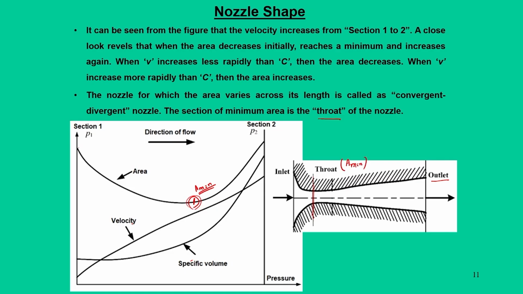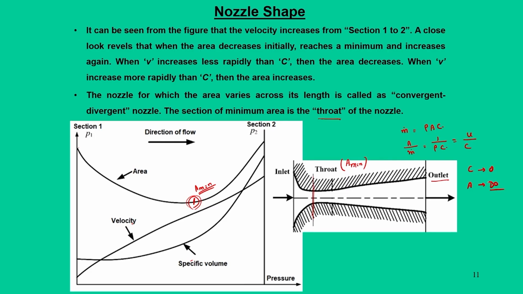Another point, if I recall, m dot is equal to rho A C, and when you say A by m dot, it will be 1 by rho times C, or specific volume divided by C. Now, from this expression you see that when C is close to 0, A goes to maximum, that means A goes to infinity.